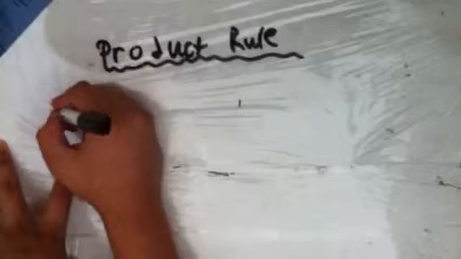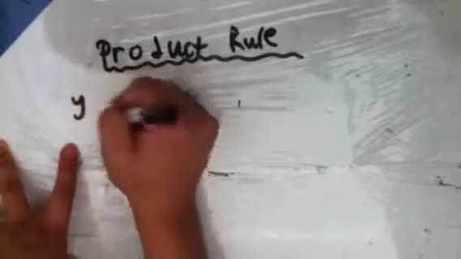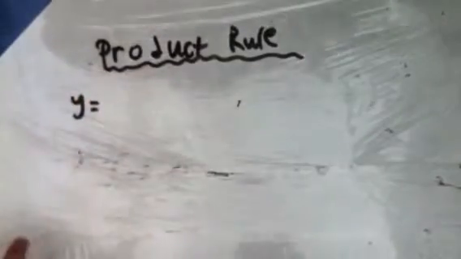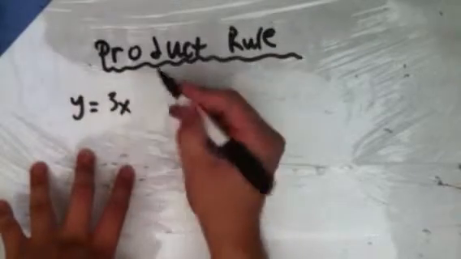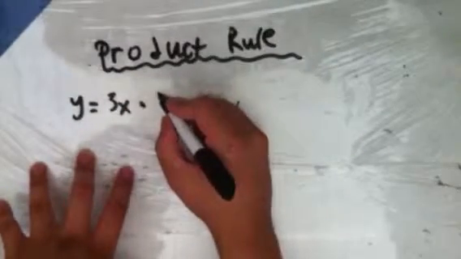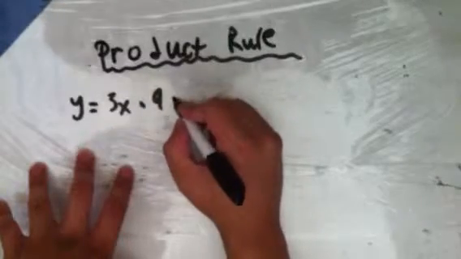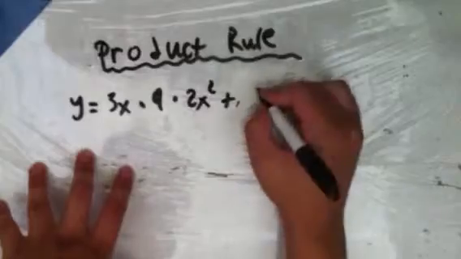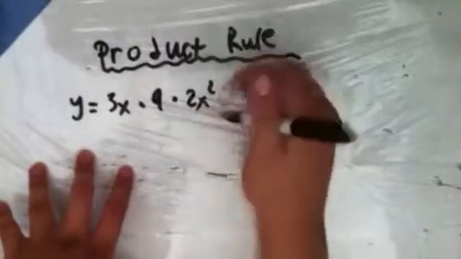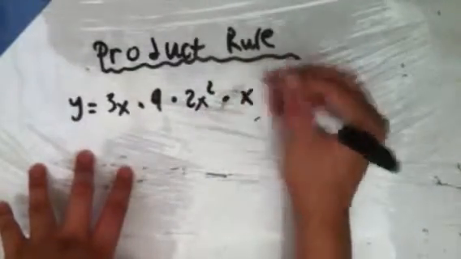Let's do y is equal to 3x times 9 times 2x squared times x to the fifth.